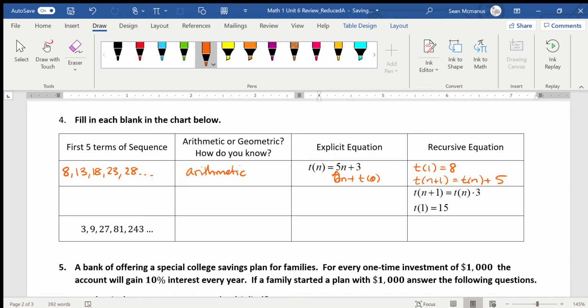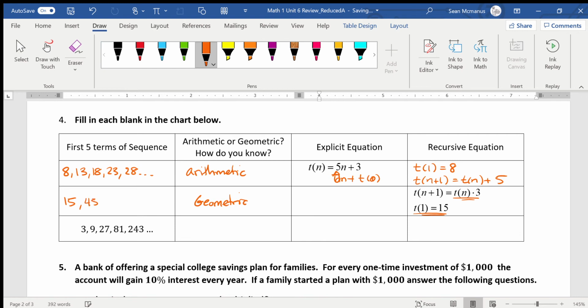Okay, second row here, recursive equation is given to me. So this tells me, right, it's multiplying by 3 every time. So that would be geometric. T of 1 is 15. So to fill out my sequence, I know it starts with 15. And then each time it multiplies by 3.